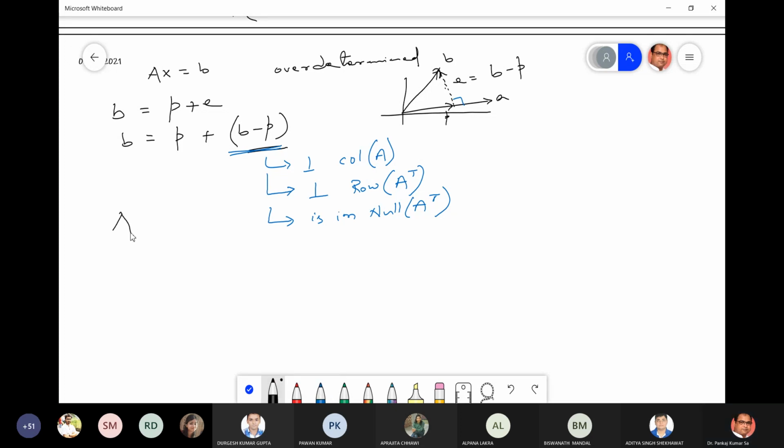So that is what I can start writing here. Ax equal to b. Let me pre-multiply it with A transpose. Why should I pre-multiply? Because I want to get rid of this error term.